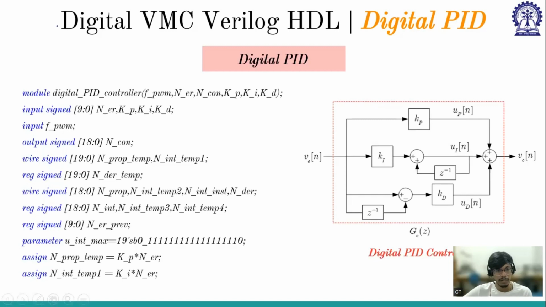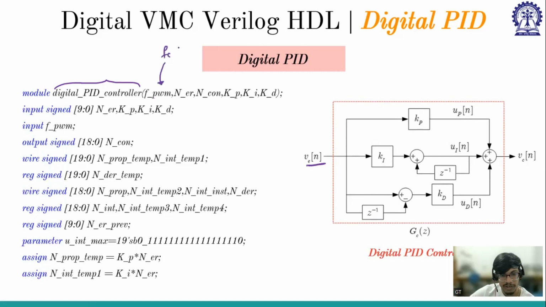Digital PID. This is the module name, digital PID controller, and these are the inputs and outputs. What is the input? V error, the digital error, is the input, and FPWM. Why do we need FPWM? We have to synchronize with the switching clock, right?